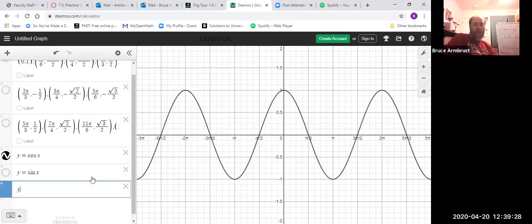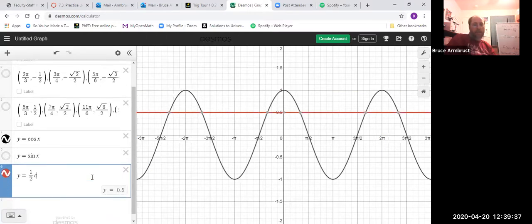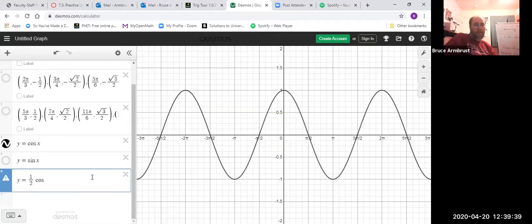So let's start with, what if we go to y equals 1/2 times cosine of x. So think about what we're doing before I actually draw it. I'm changing the amplitude. Now I'm going to have an amplitude of 1/2.